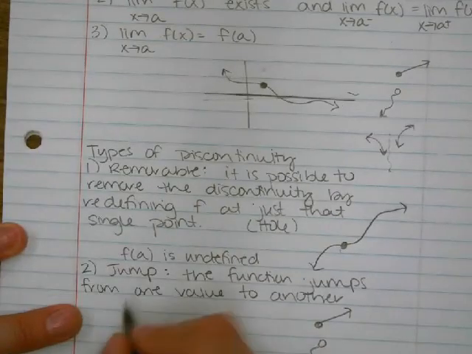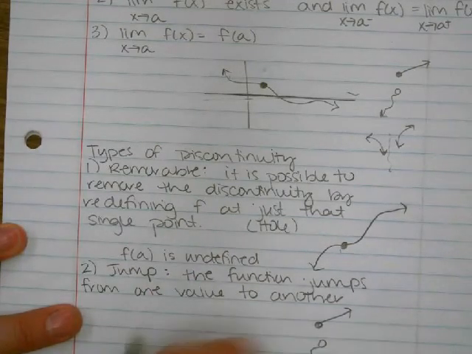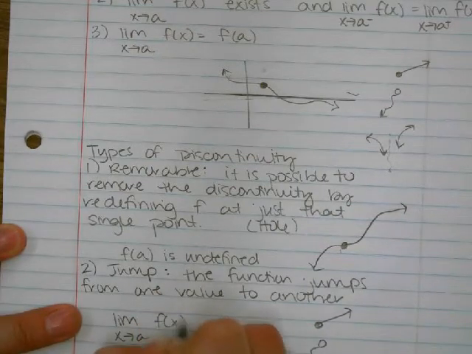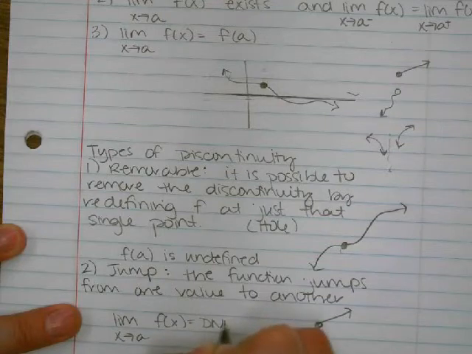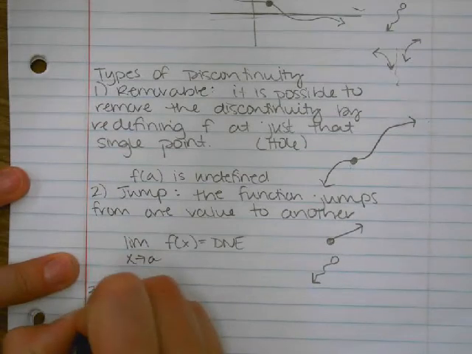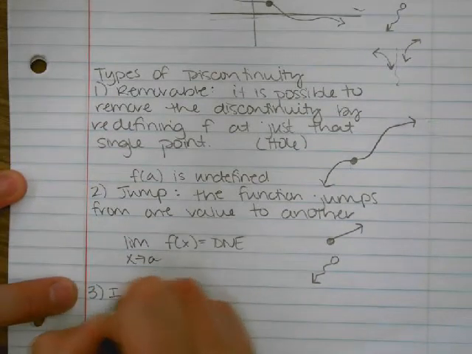So I would say with this one, the problem with the jump right there is that the limit as x goes to a of f of x does not exist, and it doesn't exist because there's two values there. All right, and then the last one is infinite.